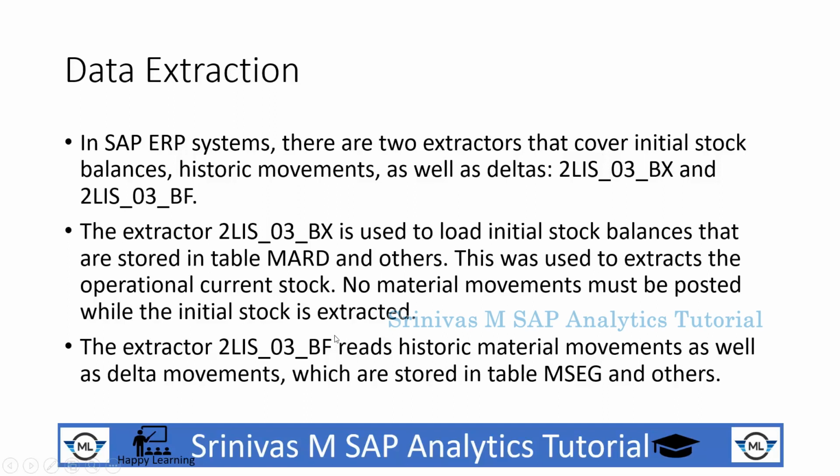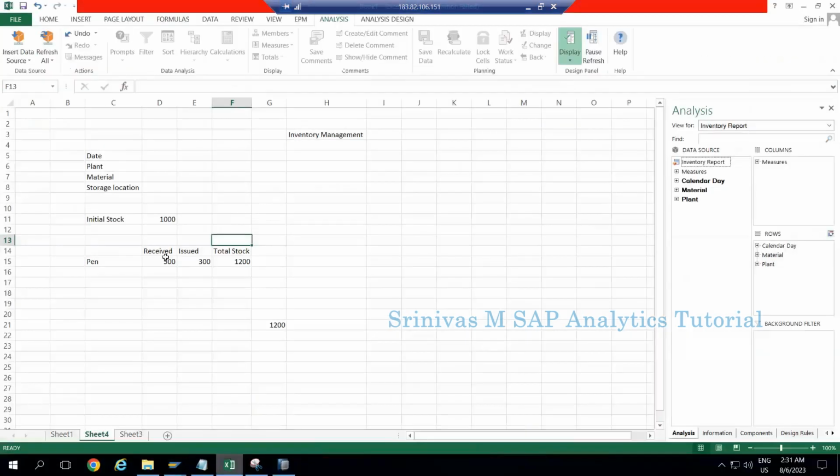It means in the example which I took to explain to you in the Excel sheet, I told you that initial stock is 1000. Then I showed you, for example, a transaction happened: 500 I received, 300 I issued. So this is the goods movement, and this is the initial stock. So the data source 2LIS_03_BX will provide this kind of stock information.